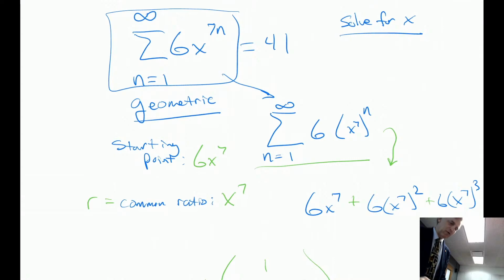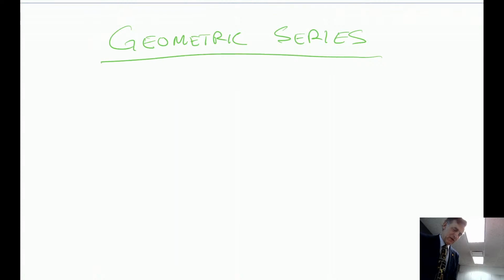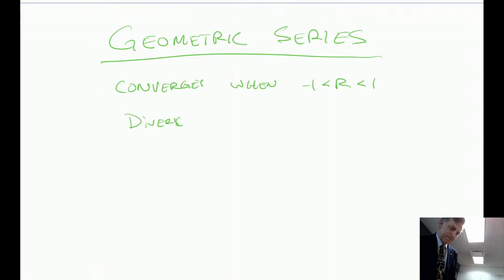And by the way, this is super important, in fact, this will be my first slide for today. Geometric series converges when r is between -1 and 1, and it diverges otherwise.